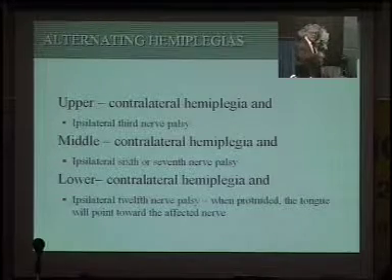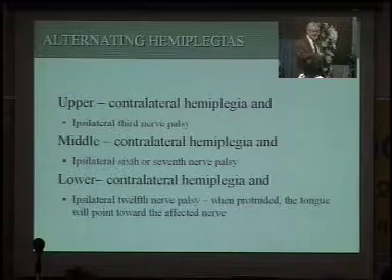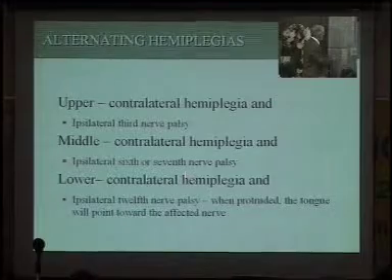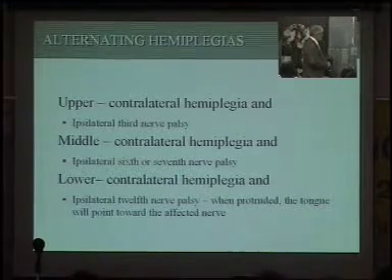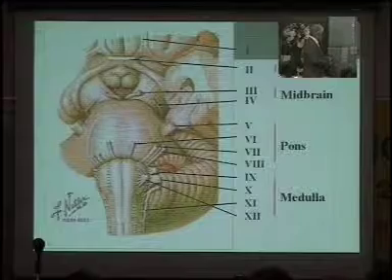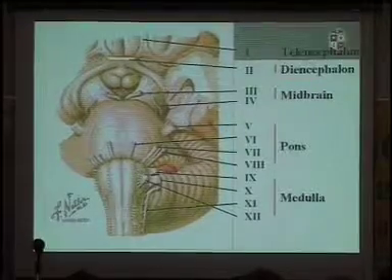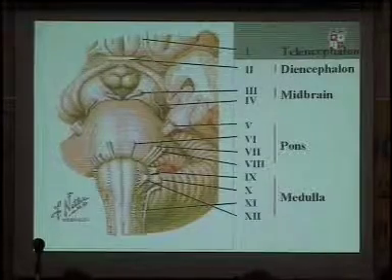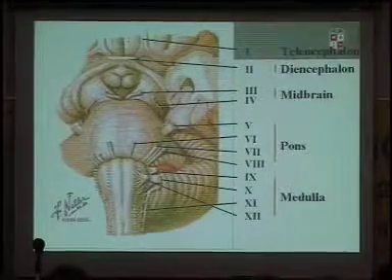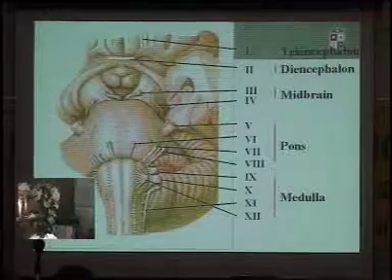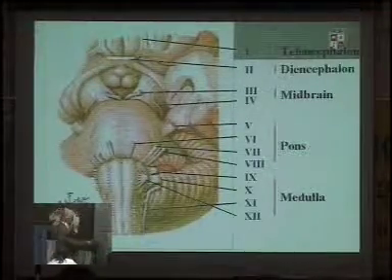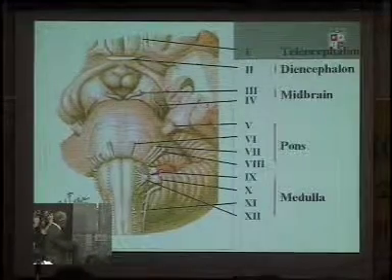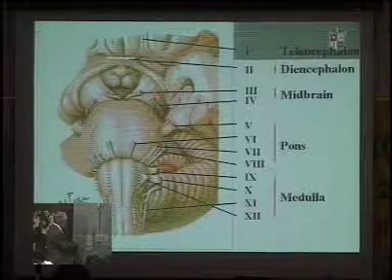Okay, now you covered this briefly on the first day. These alternating hemiplegias are useful because anytime you have a cranial nerve deficit associated with a hemiplegia, it almost always tells you right where the lesion is. The three that are the most common: remember the corticospinal tract, the upper motor neurons, are right on the surface here.